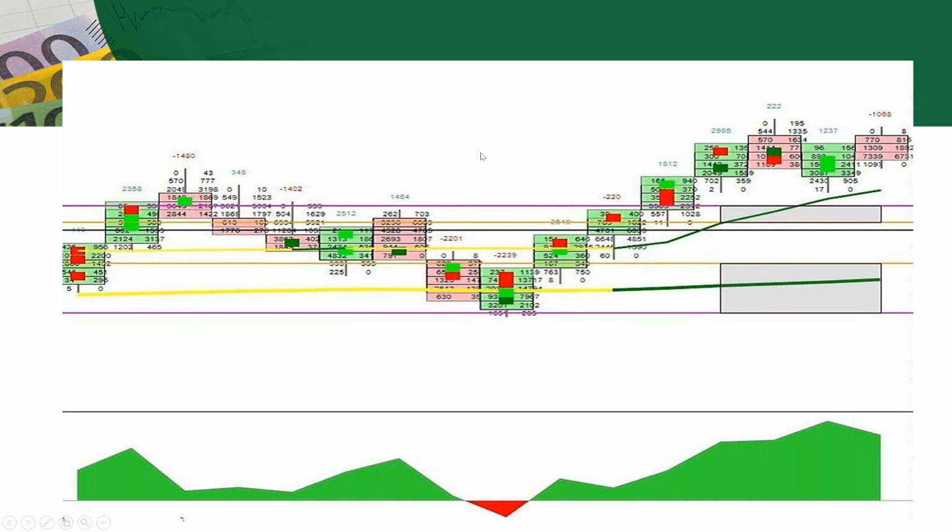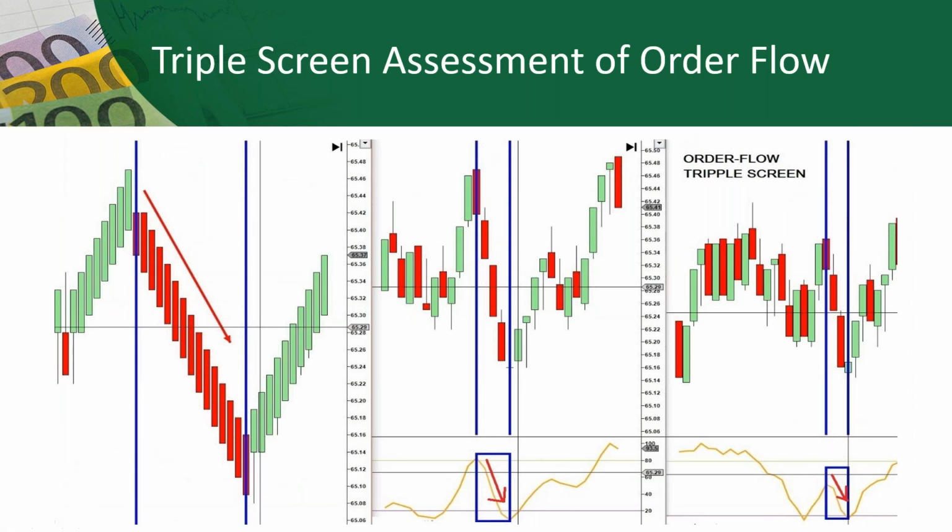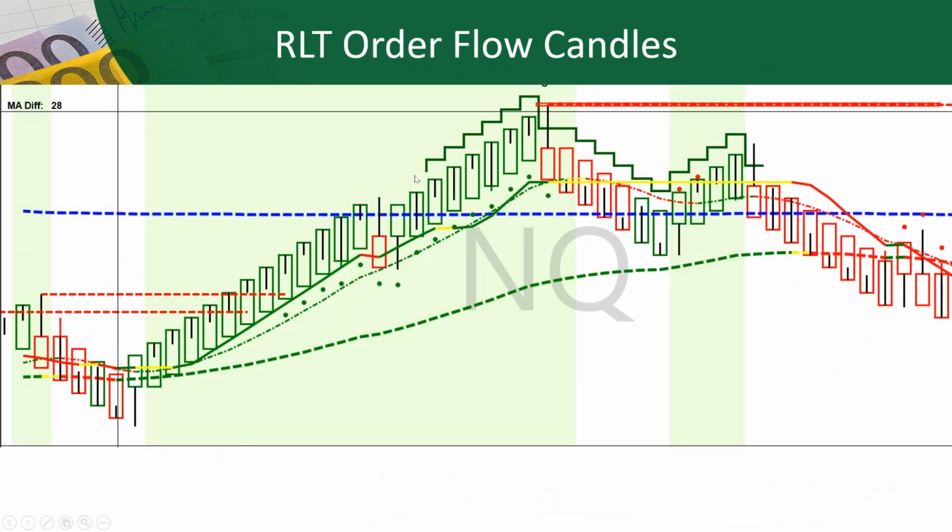But we went one step further, and what I mean by triple screen assessment of order flow is we want order flow to be going in the same direction on 3 time frames, triple. So our order flow candles look completely different. Instead of having all those numbers, we take the delta of the candle. If delta is positive in the candle, which means more buyers than sellers, the outline of the candle will be green.